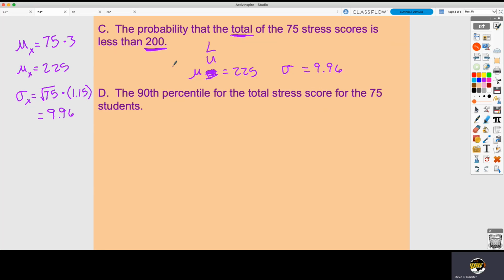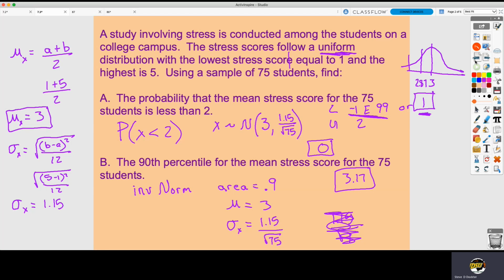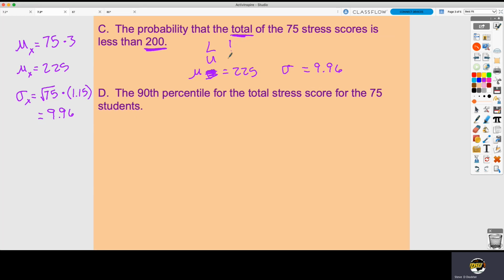Okay, Caitlin says for our lower, we do -1 E99. Do we do that here? Doesn't matter. You get the same answer for both for this. All right, so we can type in a 1 here, and then for our upper is 200, and what do we get for an answer?